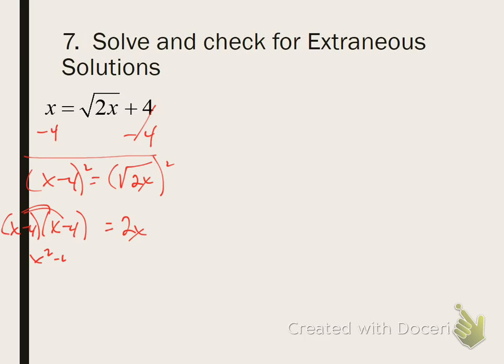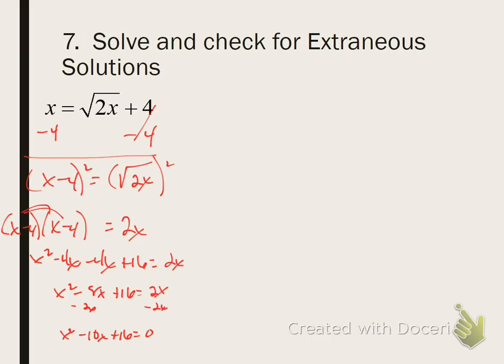So you get x squared minus 4x plus 16 equals 2x. Combine those, you get x squared minus 8x plus 16 equals 2x. Subtract 2x from both sides, and you're going to get x squared minus 10x plus 16.